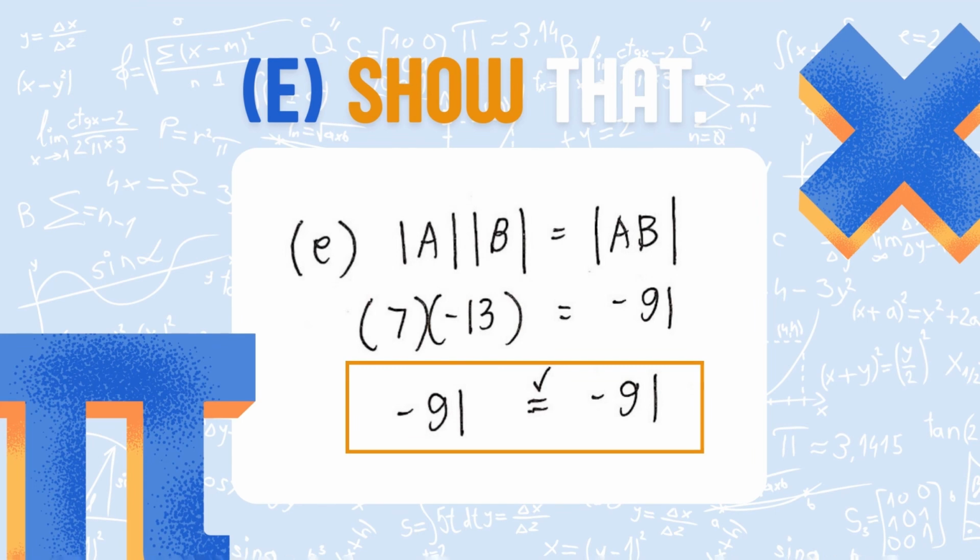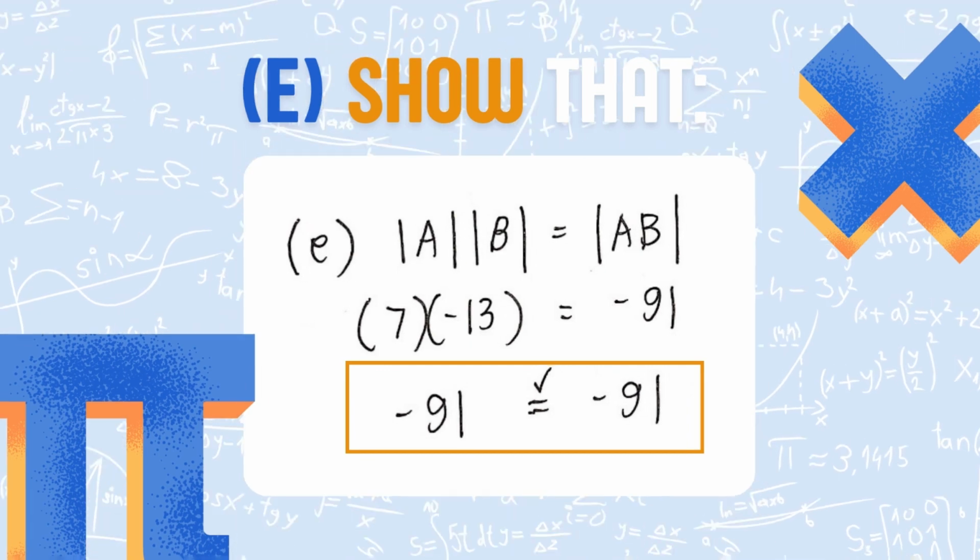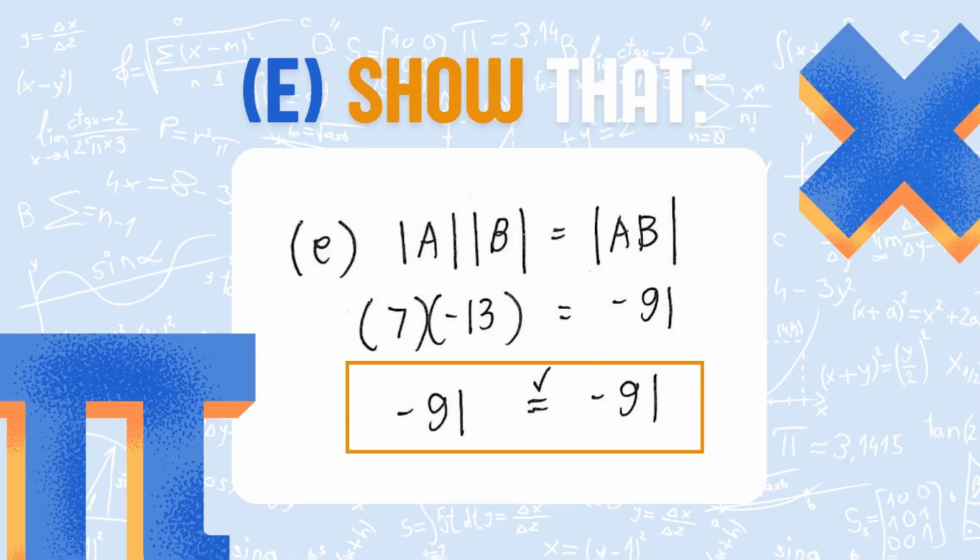Then lastly is E. Show that the determinant of A multiplied by the determinant of B is equal to the determinant of the matrix product AB. As we can see, we have solved that the determinant of A is equal to 7, the determinant of B is equal to negative 13, and the determinant of the matrix product AB is equal to negative 91.